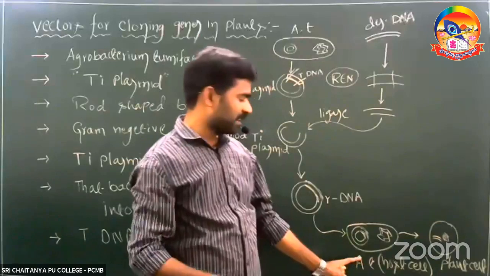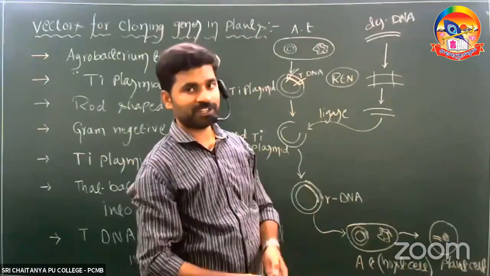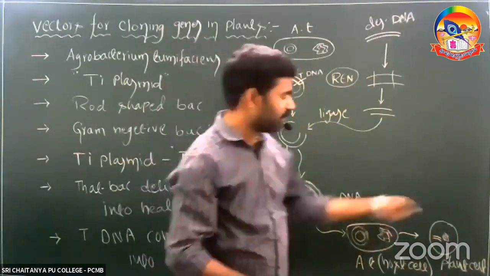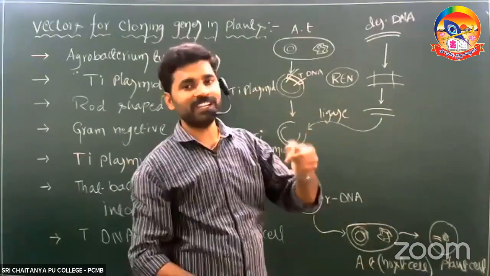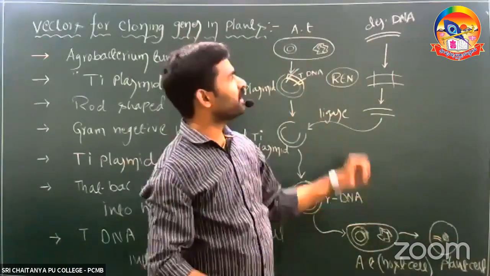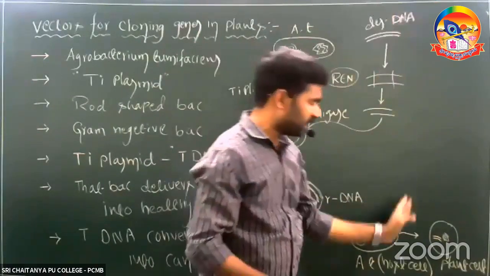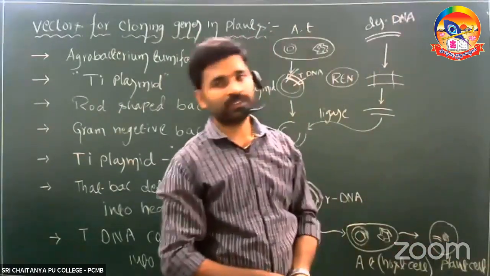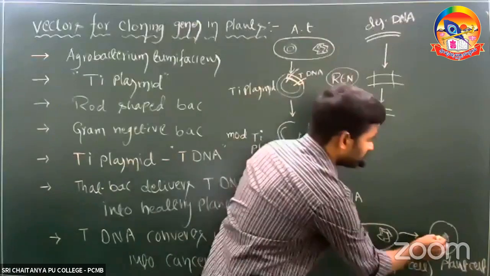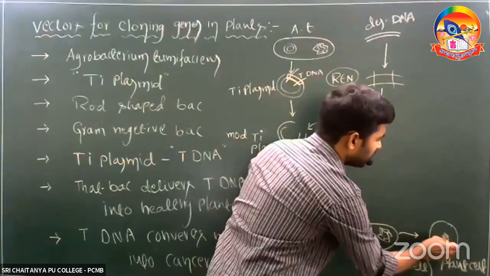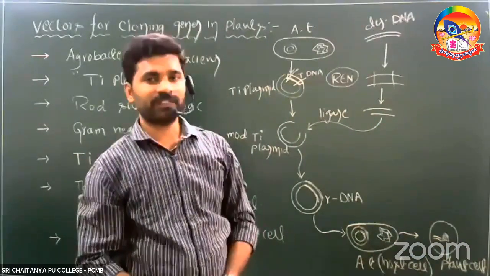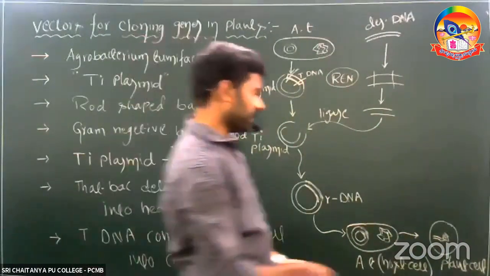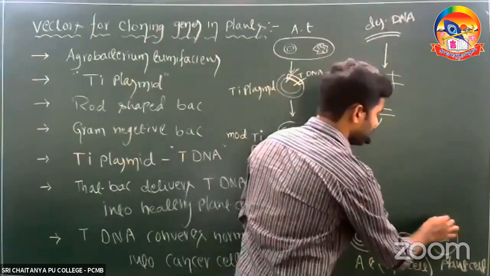The bacterial cell, Agrobacterium tumefaciens, delivers a piece of tDNA which contains foreign genetic material into the plant cell cytoplasm. That foreign genetic material is incorporated with the plant cell genetic material.